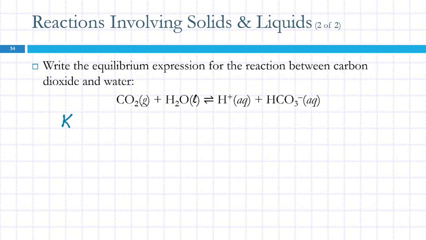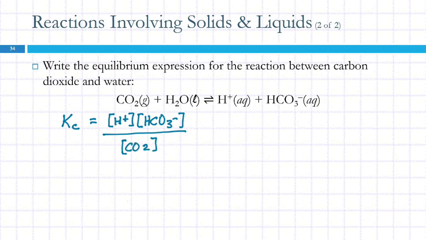So this is going to be Kc. We're dealing with concentrations. So products over reactants: concentration of H plus to the 1 power, concentration of HCO3 minus to the 1 power, divided by concentration of CO2 to the 1 power.